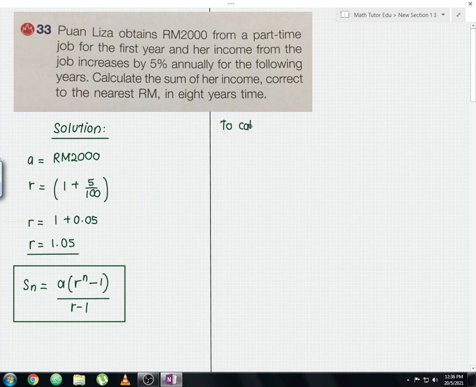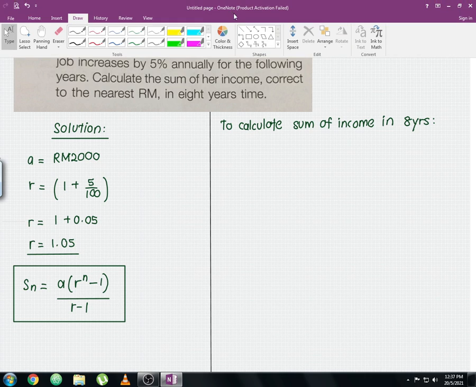To calculate sum of income in 8 years. Let me underline this.